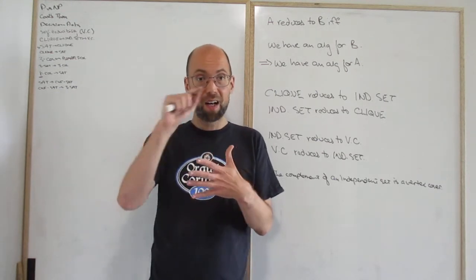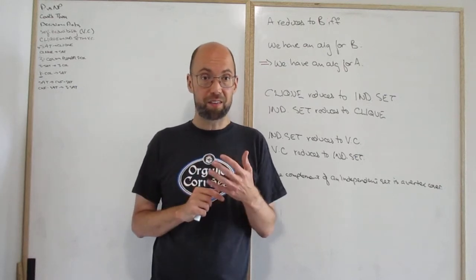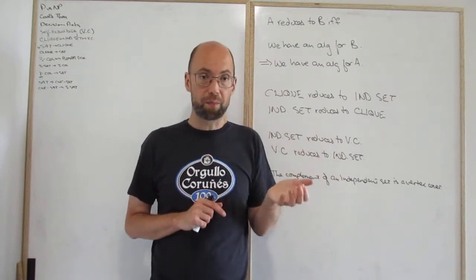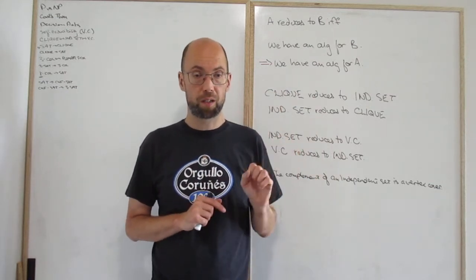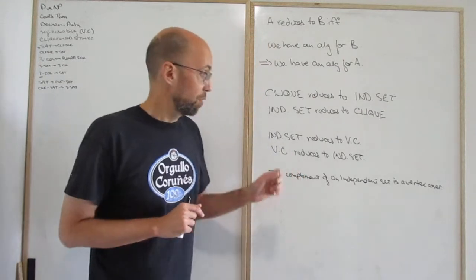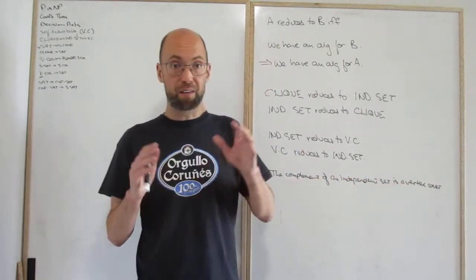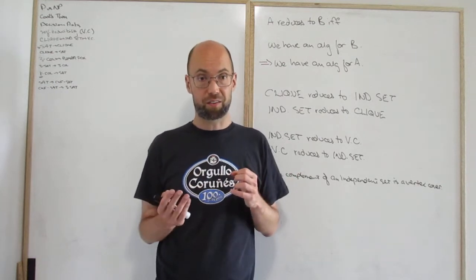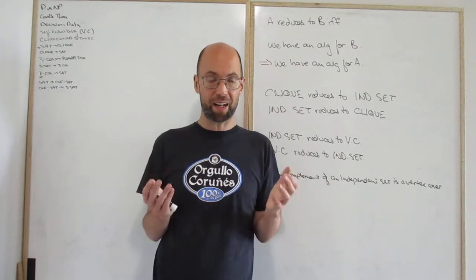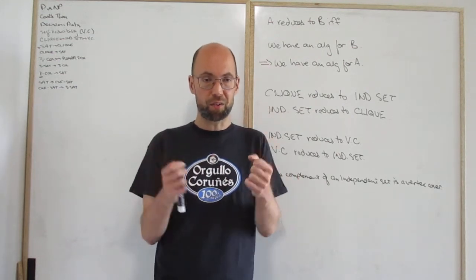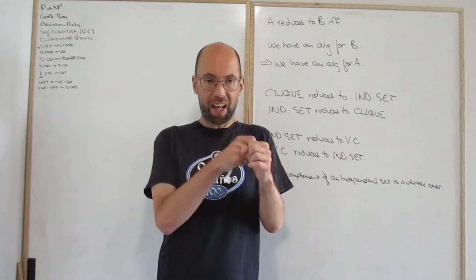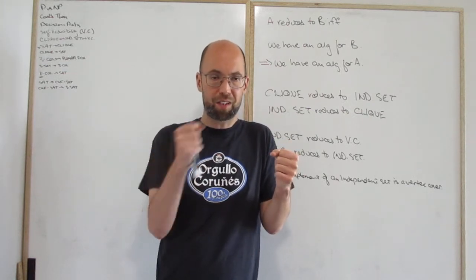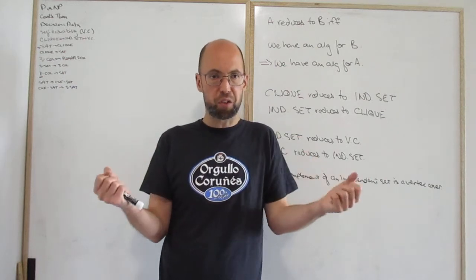So if you take the complement of the independent set, it has to include at least one endpoint of every edge. Okay? Similarly, if you take the complement of a vertex cover, there cannot be an edge between two vertices in that complement, because otherwise that edge is not covered.